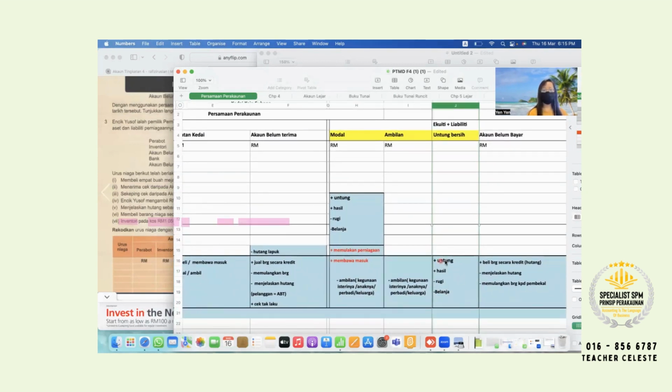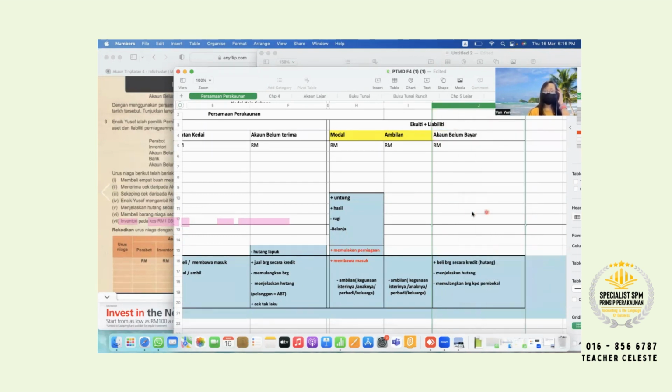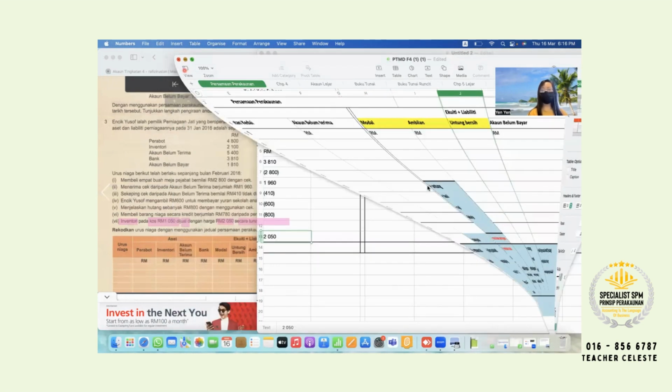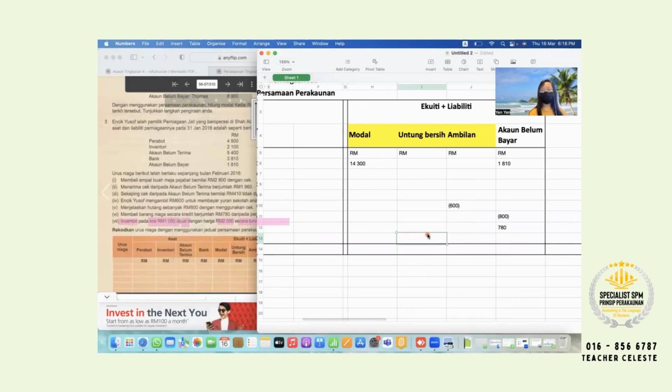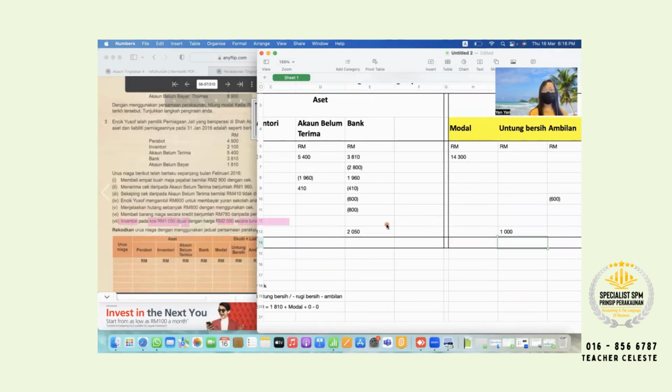If profit, untung plus. If the lampiran the school provide doesn't have this column, then make your profit record to your modal plus. Understand? Okay, so next continue here. Your untung bersih, your untung berapa? 1000, right? Okay. All clear for this one?